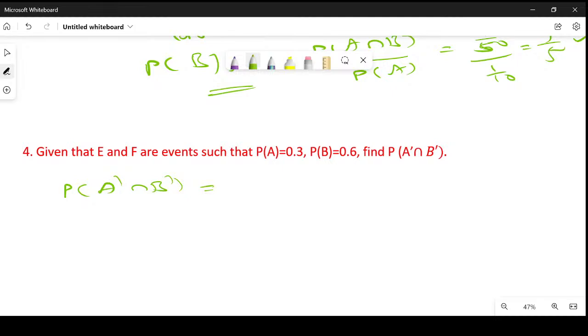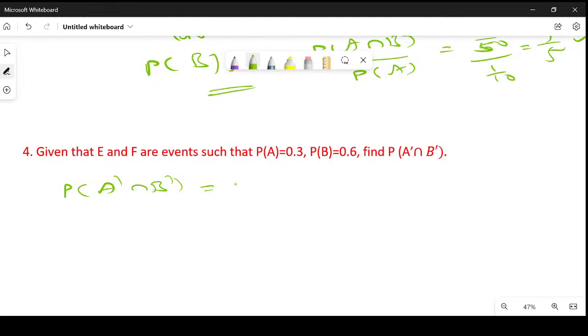If they are not given as independent, then P of A dash intersection B dash means you will get P of A union B whole dash.